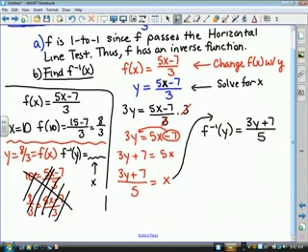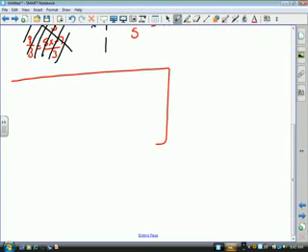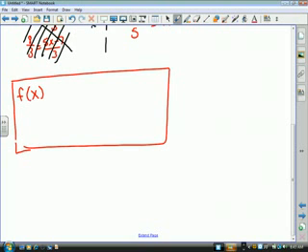All right? So what am I getting at here? Okay, so write this down. When you have a regular function, you plug in or substitute an x, you get a y value.